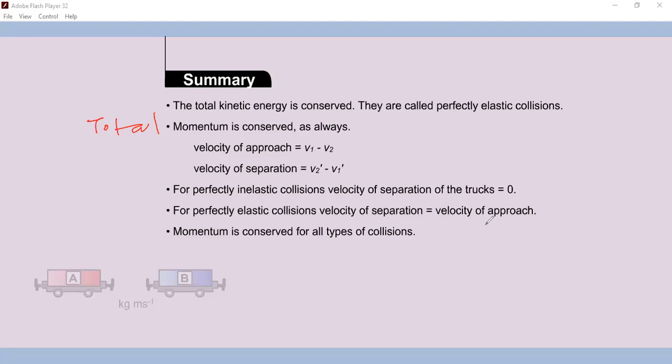Just for inelastic, v2 minus v1 equals 0. So that means momentum is conserved for all types of collision. Total momentum is conserved for all types of collision. Now, we compare the various types of collision.